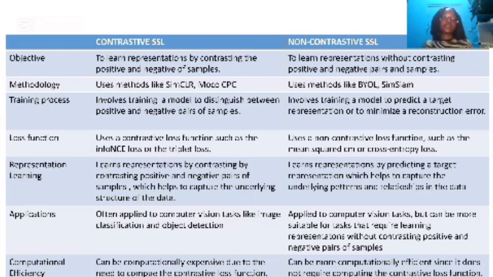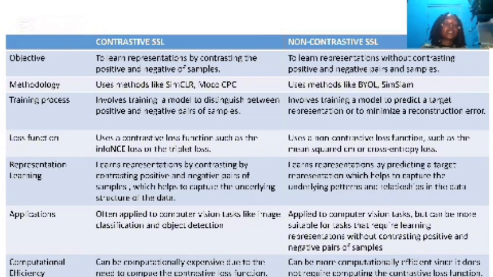Then also representation learning, whereby contrastive learns representations by contrasting positive and negative pairs of samples, and this helps to capture the underlying structure of the data, while the non-contrastive learns representations by predicting the target representation, which helps to capture the underlying patterns and relationships in the data.